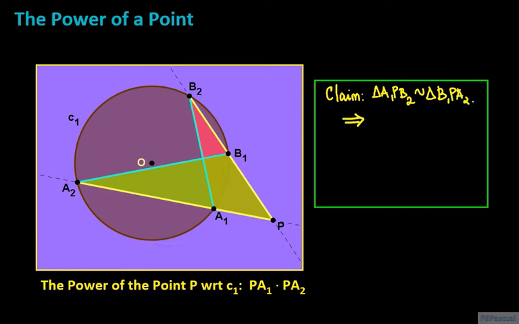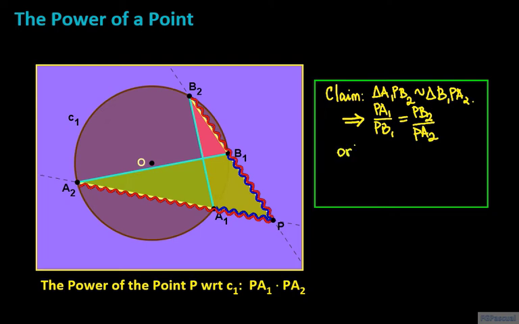As a consequence, in terms of corresponding parts of similar triangles, using the short sides, PA1 divided by PB1 equals PB2 divided by PA2 using the long sides.